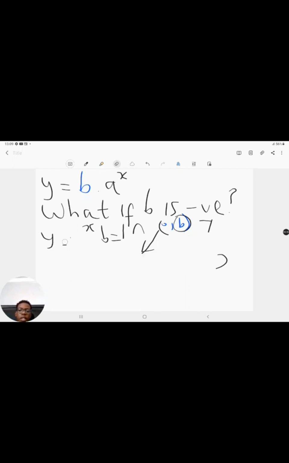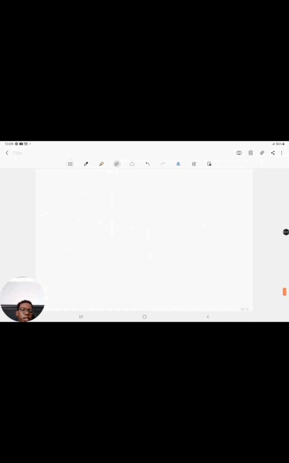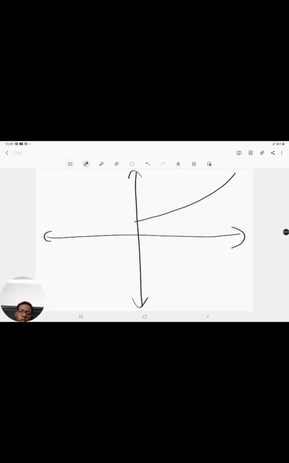Well, let's go to the next slide for that and show you. I need a bit of space, so let's take it up on the next slide. So if b is negative, I've got my Cartesian plane, got my original graph, and then I've got (0, b).